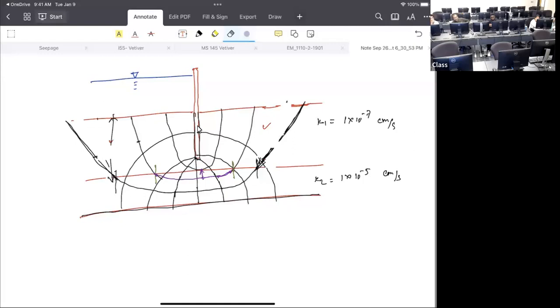If you want to accommodate a higher resistance, the only way to do it is by adding a higher travel path. The higher travel path is added to accommodate the resistance difference, because this is what we can do in the flow net. Very good thought.